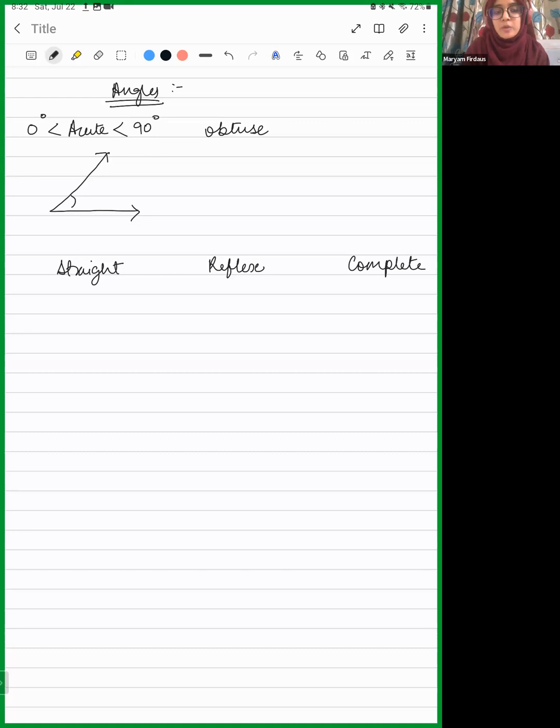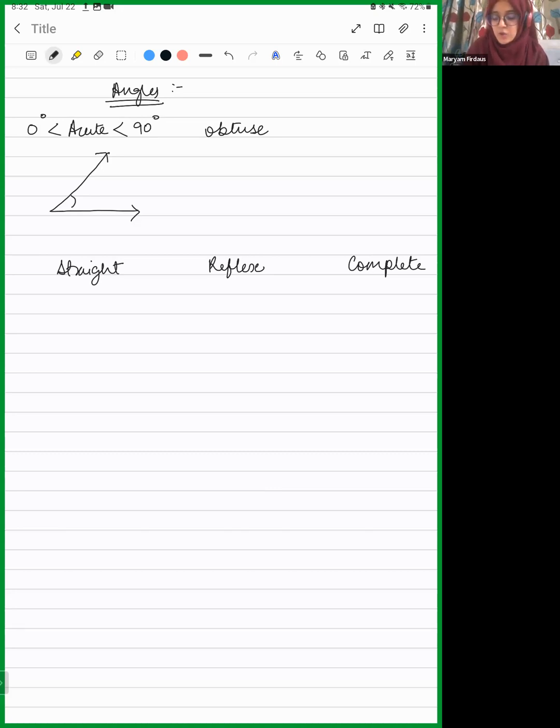Abdul Rahman, what is an obtuse angle, dear? Wait, let me try. Is it a line that has a straight line both up and down? We're talking about angles, right? Do you know what an angle is, Abdul Rahman? Yes.